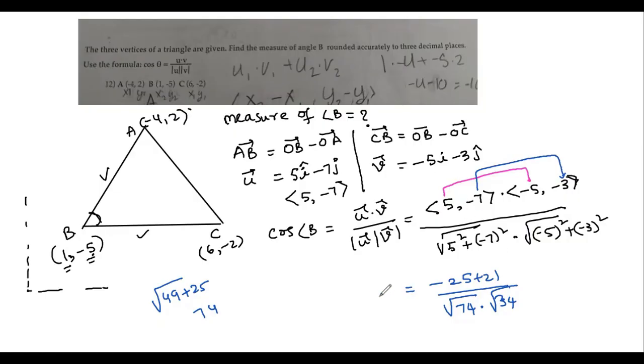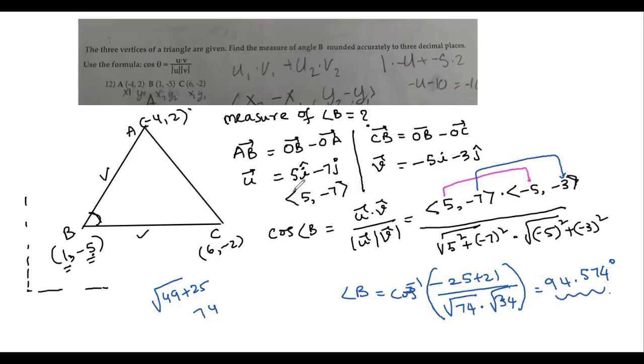So when we use the calculator, we write angle B is equal to cos inverse of this whole part, which becomes 94.574, rounded off to 3 decimal places.